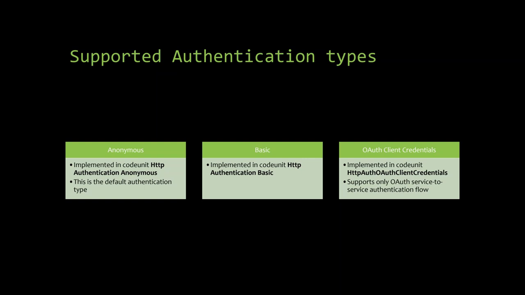So that one now also exists, only for the service-to-service authentication flow at this moment, but that can be used as well. So you don't have to write it yourself. The code unit is there and can be reused. But you can create your own code unit as well, and then just pass it in to the initialize function.